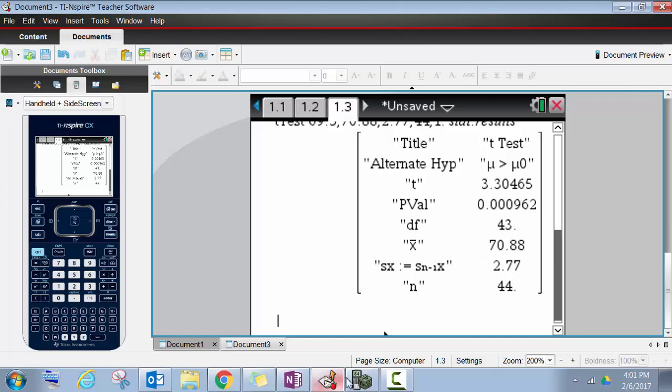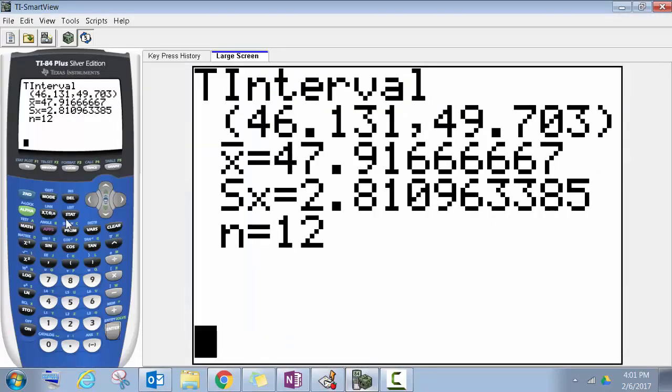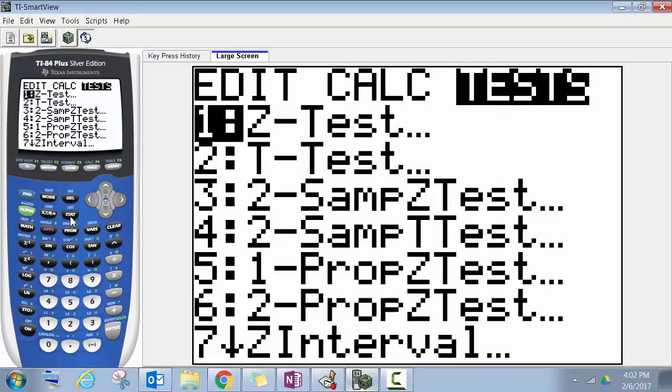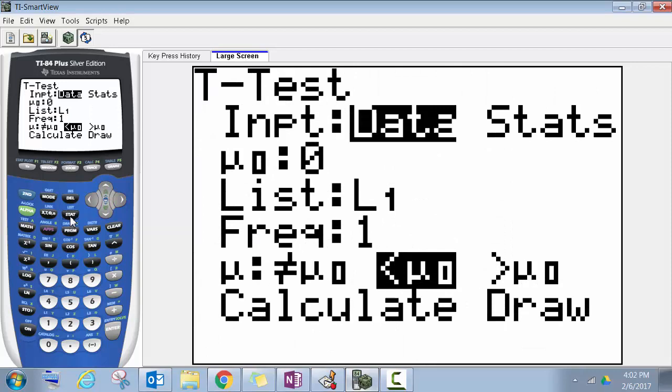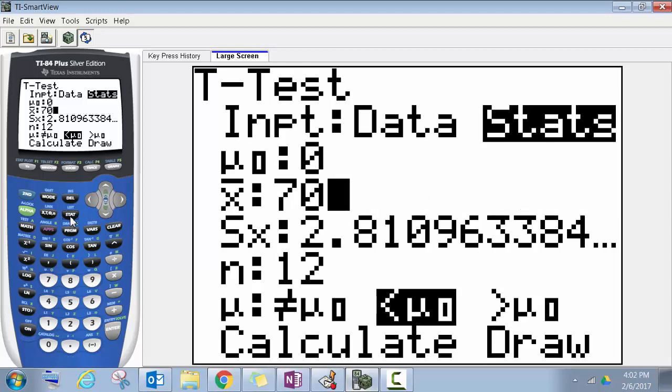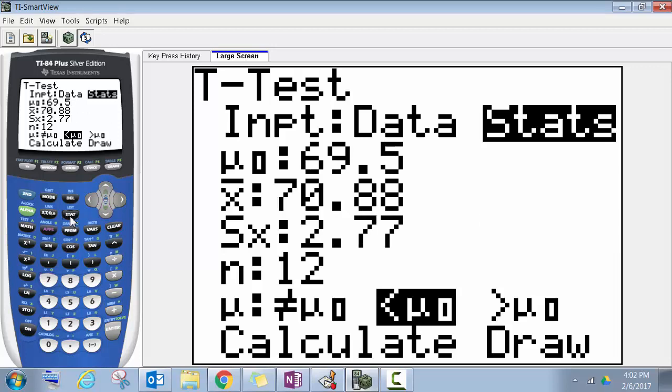We can do that on the 84 just the same, stat, over to tests, t-test, from stats, x bar we said was 70.88, oh, the mu was 69.5, again 69.5, and standard deviation was 2.77.